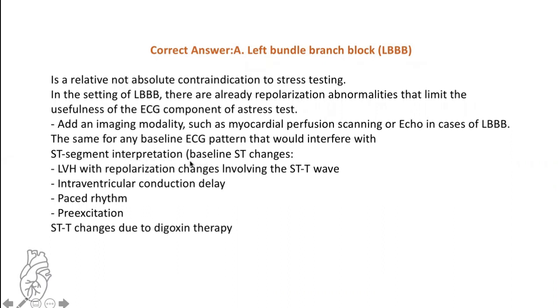Sometimes at baseline, when you have LV hypertrophy, you would also have repolarization and ST changes, or if you have an interventricular conduction delay, paced rhythm, pre-excitation, or digoxin toxicity, in all those things you would have to have a myocardial perfusion scan or a stress echocardiogram.